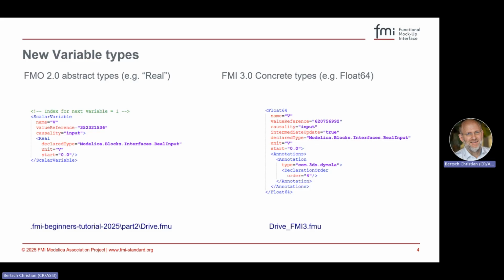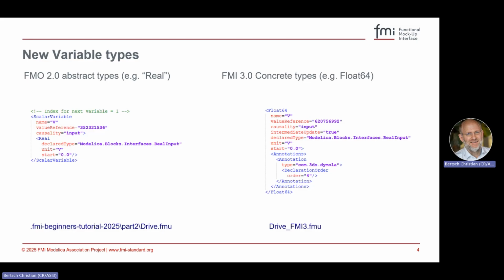So in FMI2, we have more abstract types, for example the data types. You have a real number, but you don't say whether it is a real 32 or a real 64-bit. In principle, you can even change header files to change this, but this was not really good. Here in FMI3, we have really concrete types, so you can define the data types much more fine-grained.